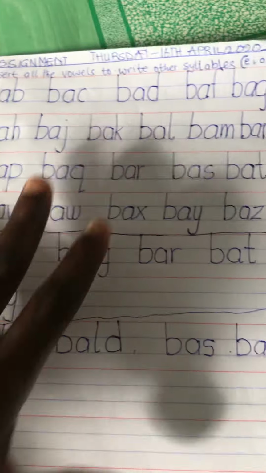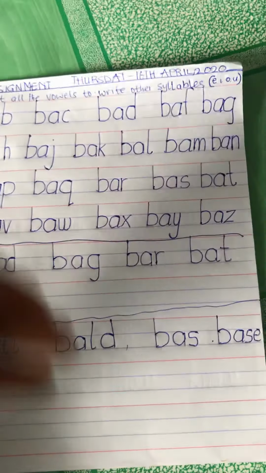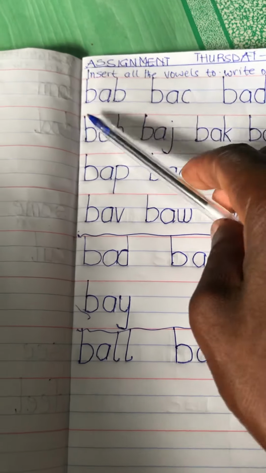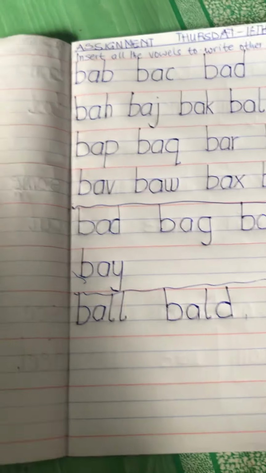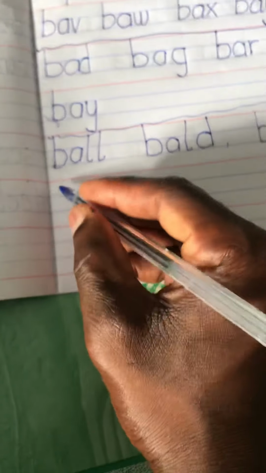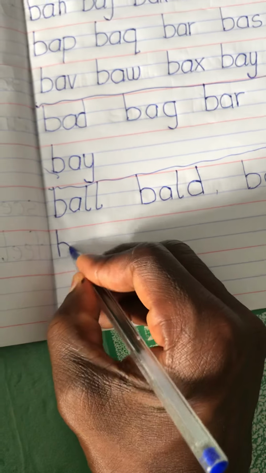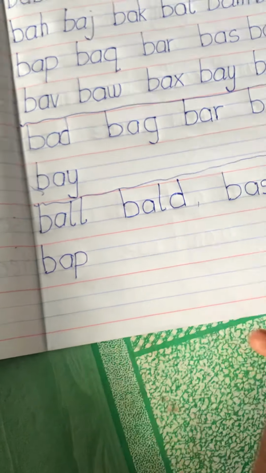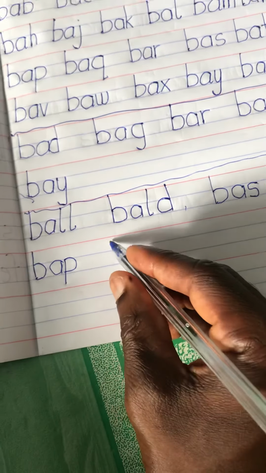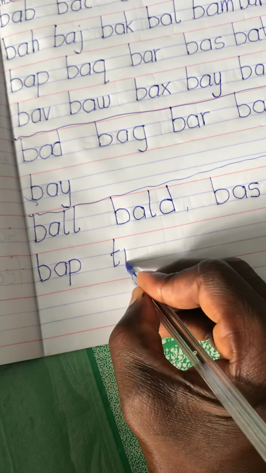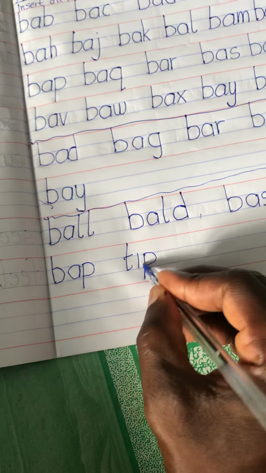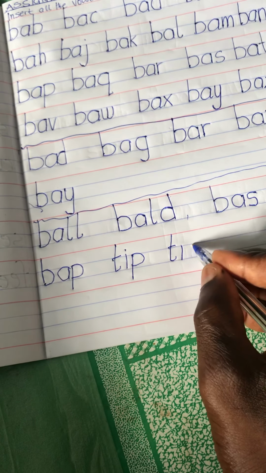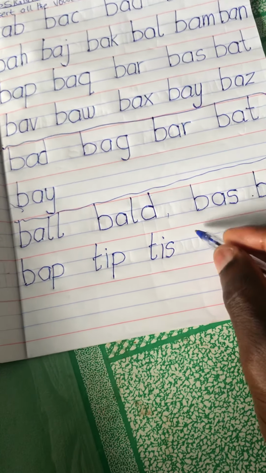So I want us to concentrate on the formation of the syllables here, and you should write it and learn all of them. Then that is just it. This word here, what is this? BAP. Let me write BAP. Yeah, I made a lesson about it. So BAP, we have BAP. Okay, so the child knows that we have already learned them, this is tip. Then this is tis.